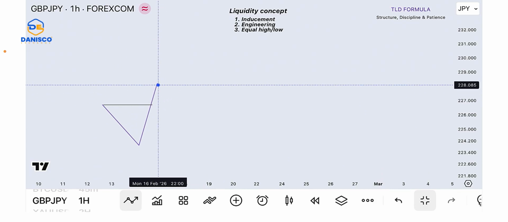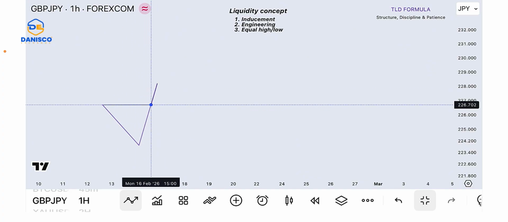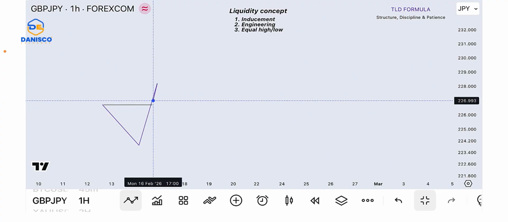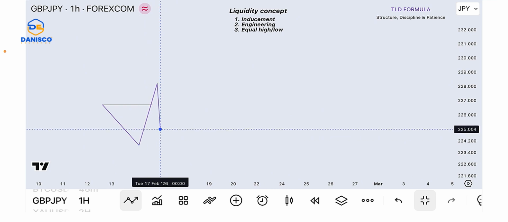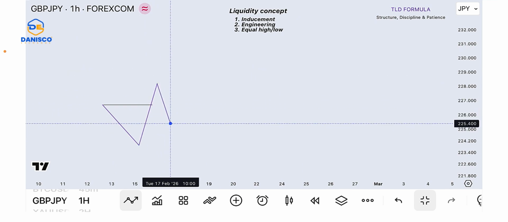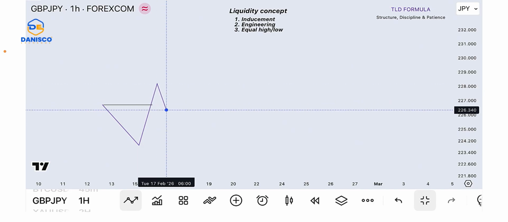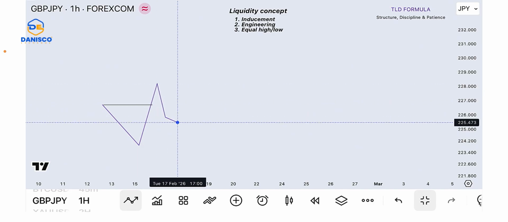You identify your liquidity immediately after the first pullback. After price breaks this structure, it confirms to you that this structure is valid for a buy. So the first pullback coming back is my liquidity.